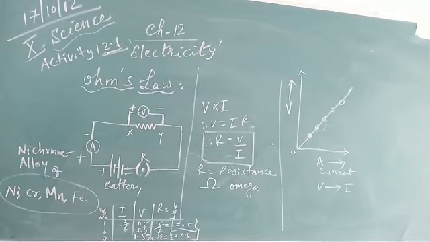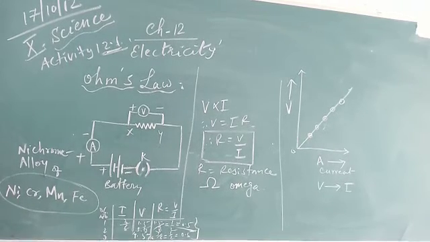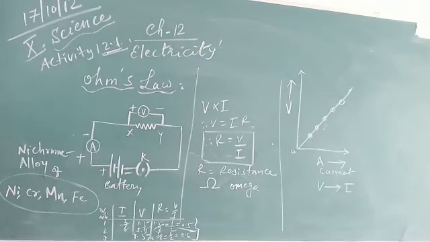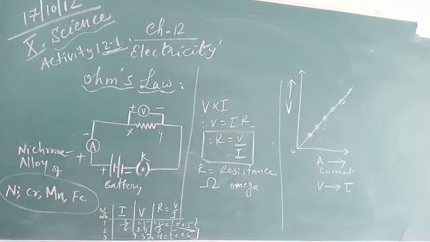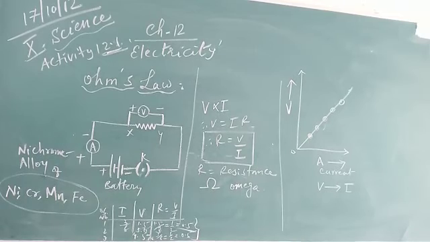Now the mathematical form of Ohm's law. How to give the definition of Ohm's law. The statement: the current passing through a metallic element is directly proportional to the potential difference across its ends.